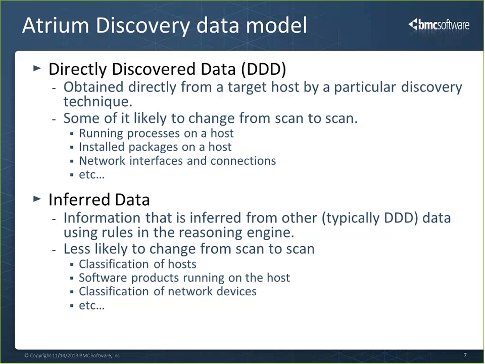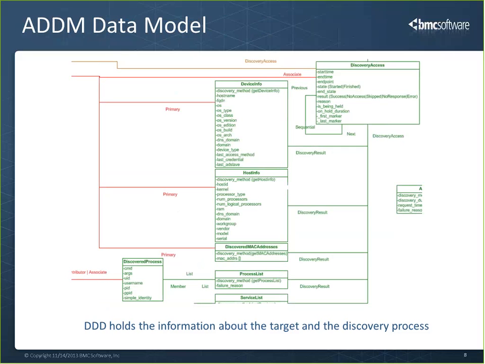To illustrate this, here's a diagram showing part of the DDD model. The nodes in the DDD model store the information about the target being discovered, as well as the discovery process itself. So the nodes are things like the device info, the host info, discovered process, the process list, or discovered access.